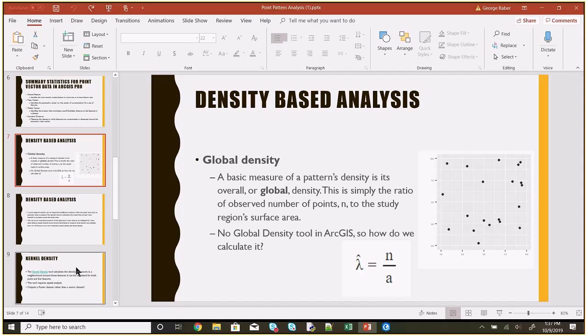Measuring global density is pretty easy. The only problematic part is how you measure this A at the bottom. Here we've got our statistic, which is the number per area. If we wanted to say that the United States is our area, how do we actually implement this?